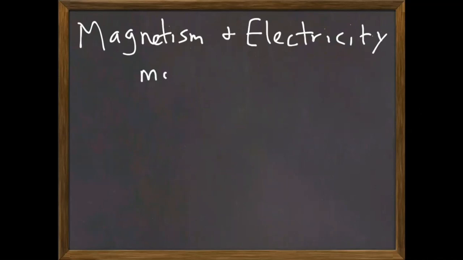And the difference between electricity and magnetism here is that magnetism affects moving charges, not stationary charges.